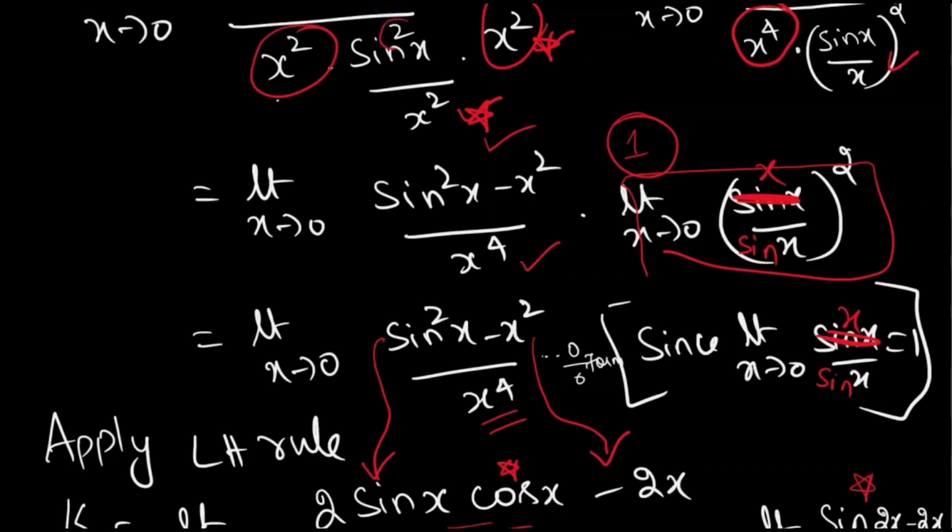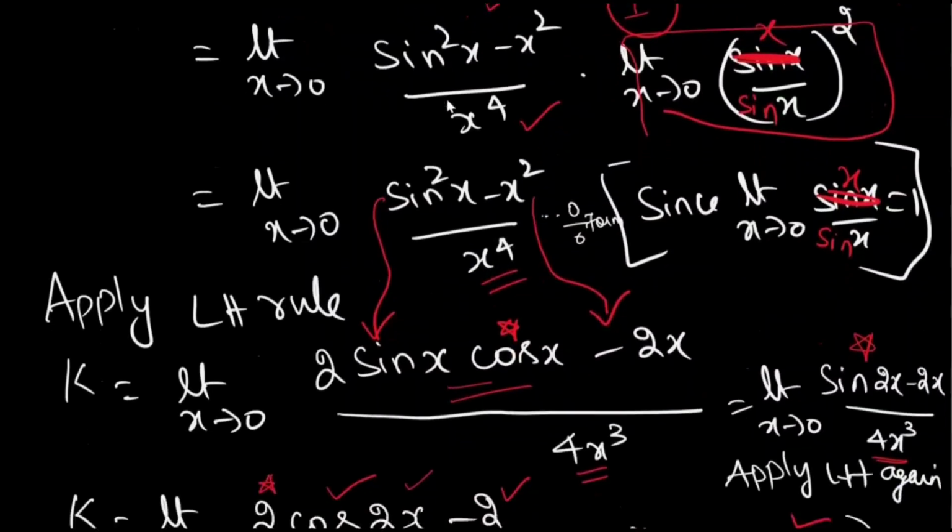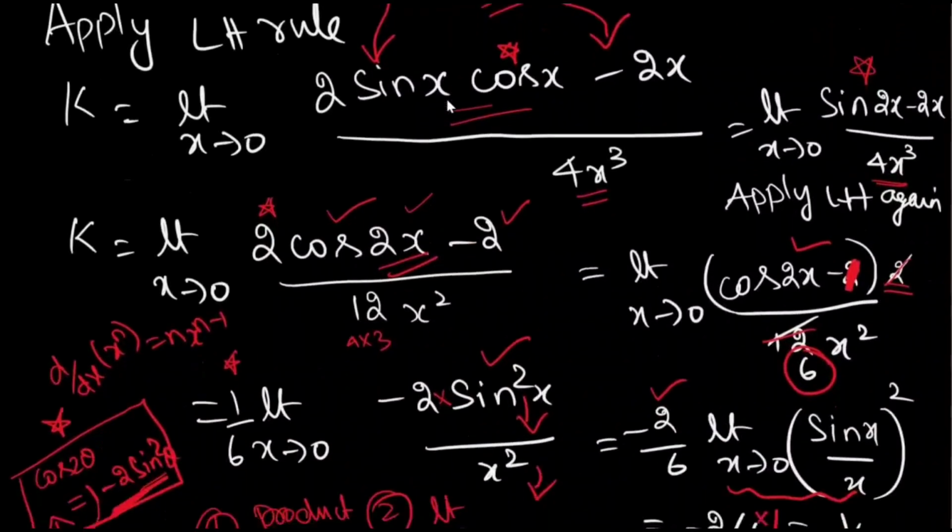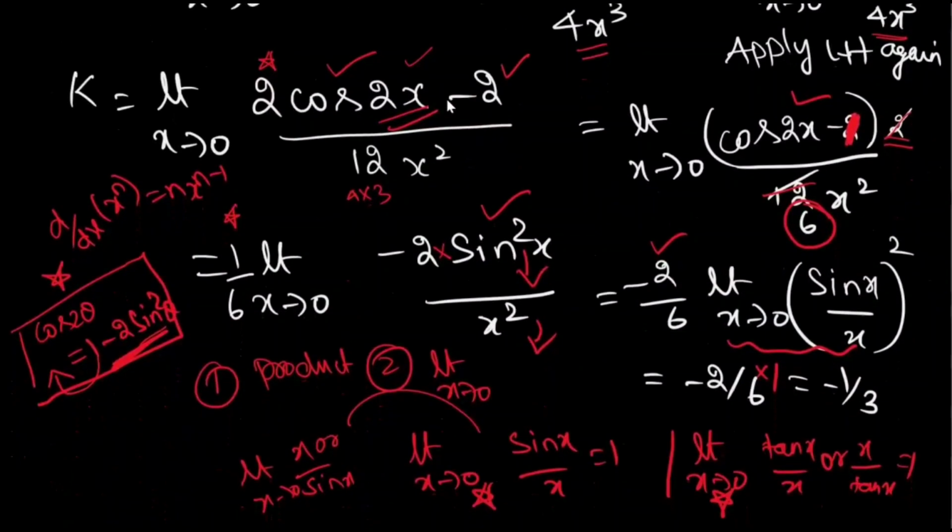For example, if you have sine cube, we will multiply and divide by x cube. That's it. So you can multiply and divide those constants and hence use this formula and keep this in mind. It should be in product. And the second thing is it should be limit x tends to 0. Thank you.